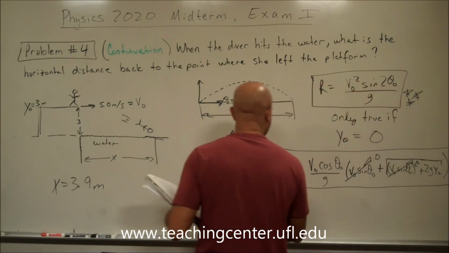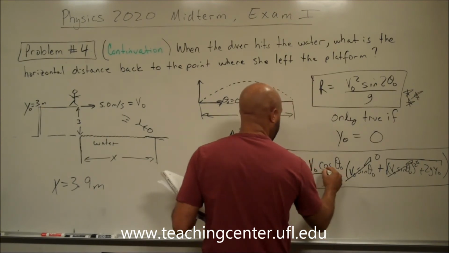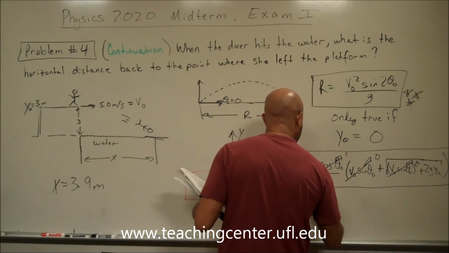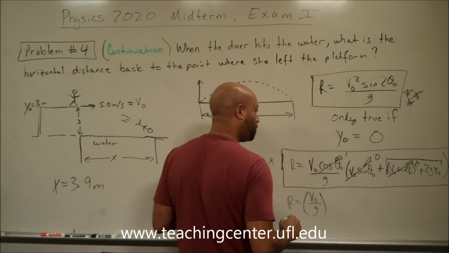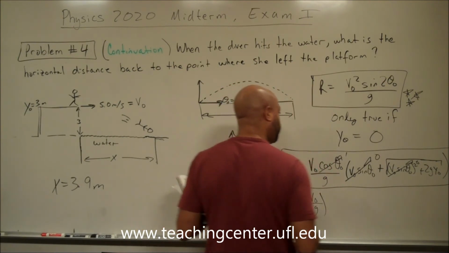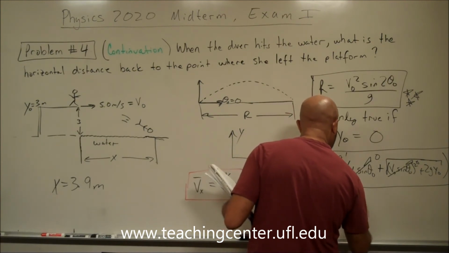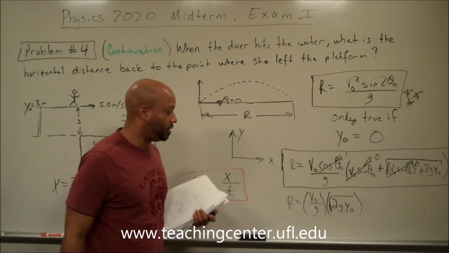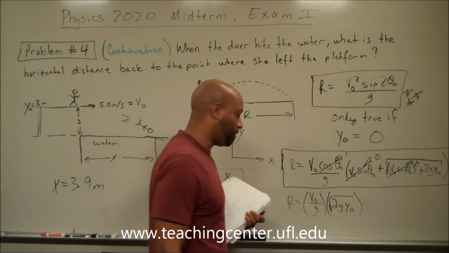So basically our range is just equal to, and this term is going to equal 1, so that's going to be our initial velocity divided by g, the gravity, multiplied by the square root of 2 times the gravity times delta y, y sub 0.